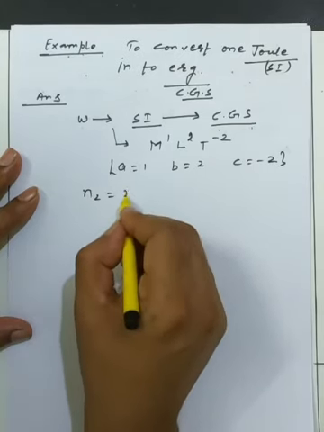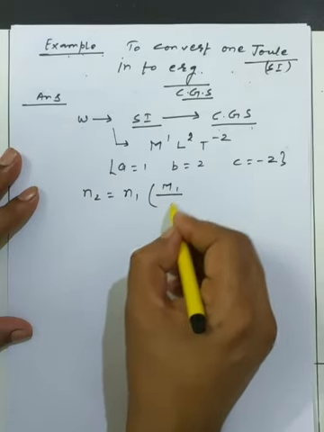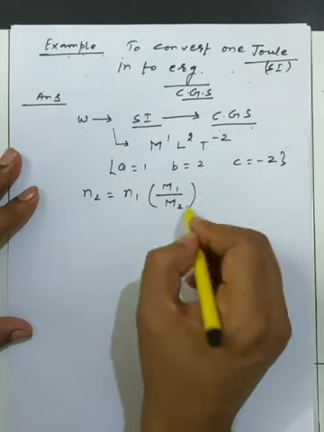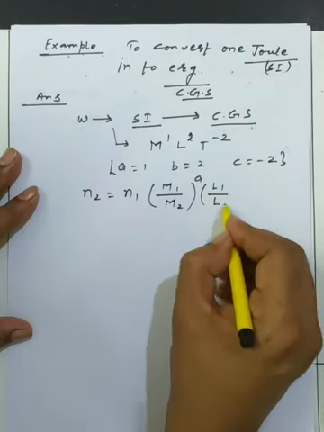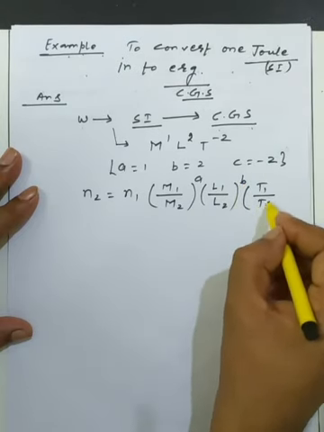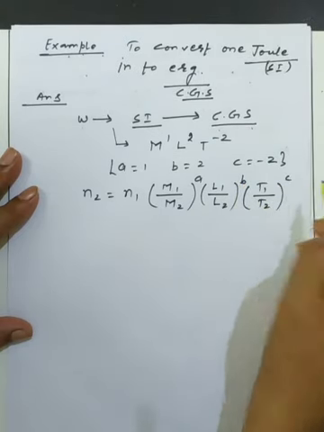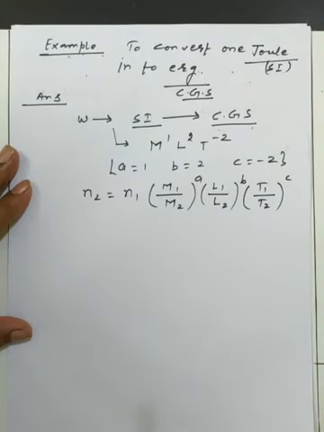N2 is equal to N1 into M1 upon M2 with the power of a, L1 upon L2 with the power of b, and T1 upon T2 with the power of c. So this is the general formula we will use in this numerical.